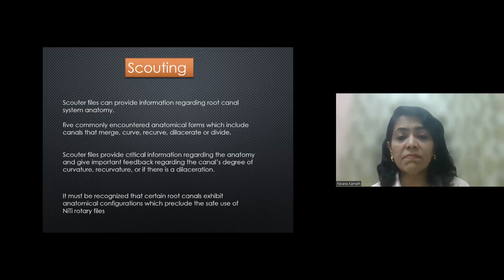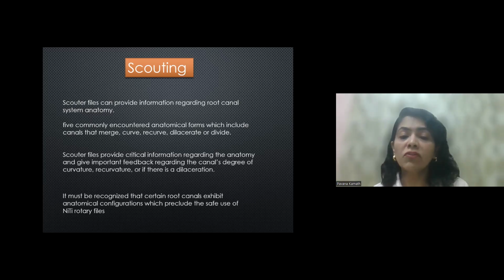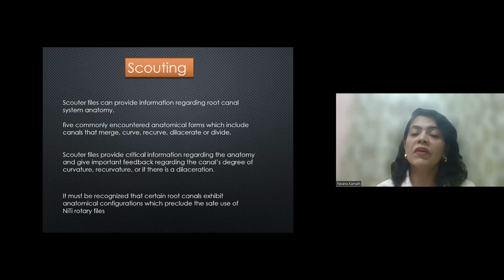One of the most important benefits of using a scout file is that if there are some anatomical configurations which could preclude the safe use of nickel-titanium rotary files, we would come to know at the very initial stages of establishing the reproducible glide path, and we can avoid any kind of iatrogenic errors.